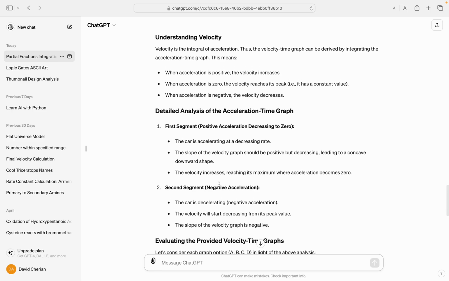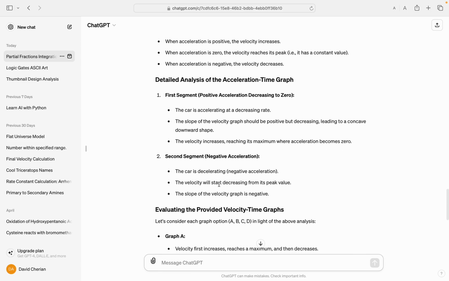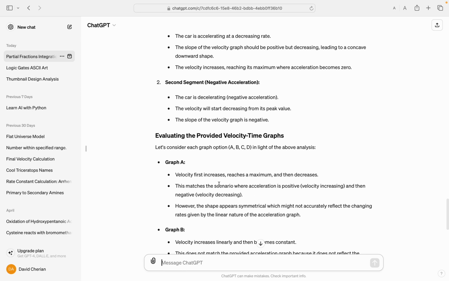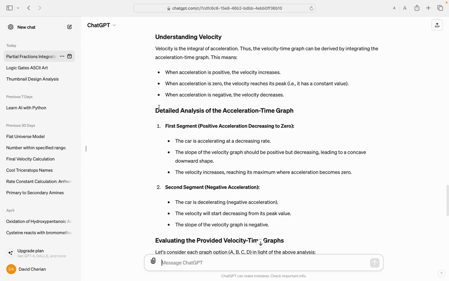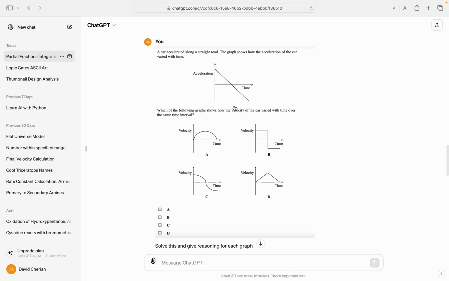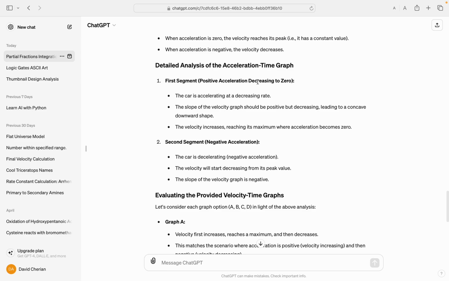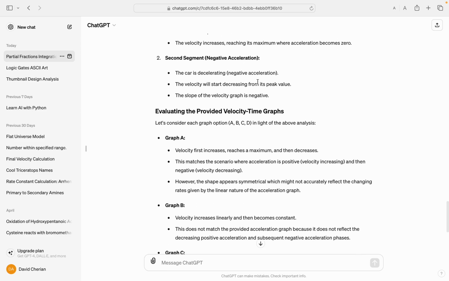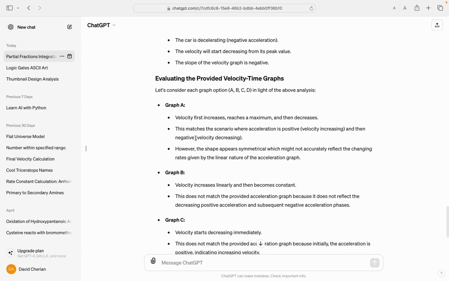Evaluating the provided velocity time graph. Sorry guys, wait, this is the detailed analysis of the acceleration time graph, so they're talking about this graph here. The first part is positive acceleration decreasing to 0, and the second part is showing negative acceleration. Now this is where they're going to be talking about the graphs A, B, and C, including D.